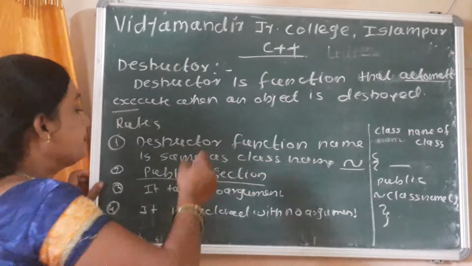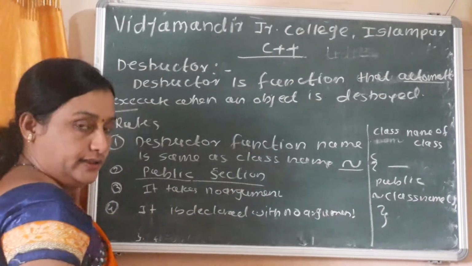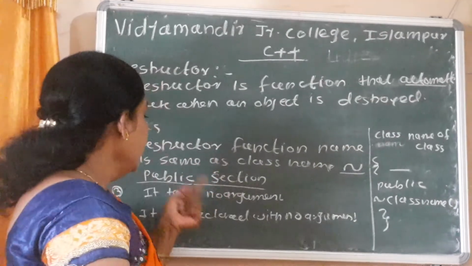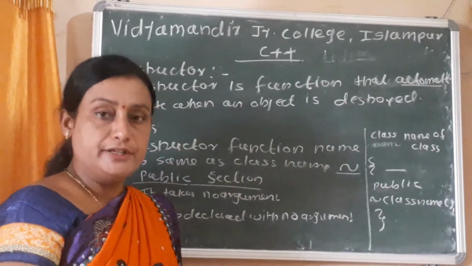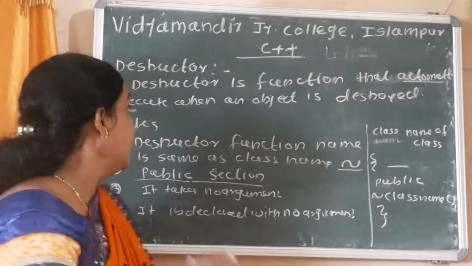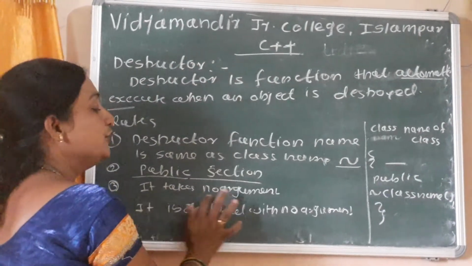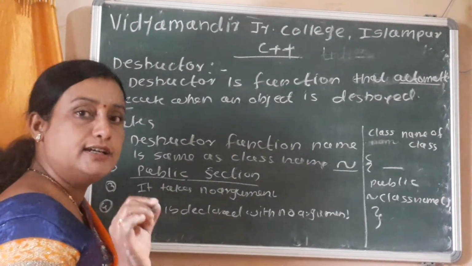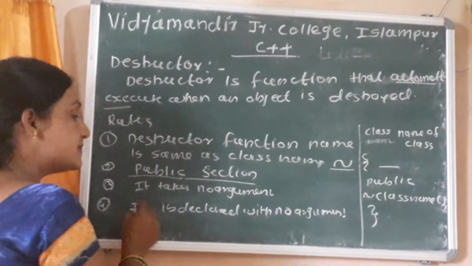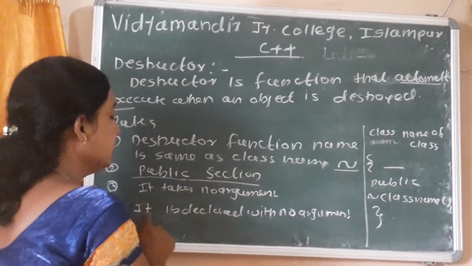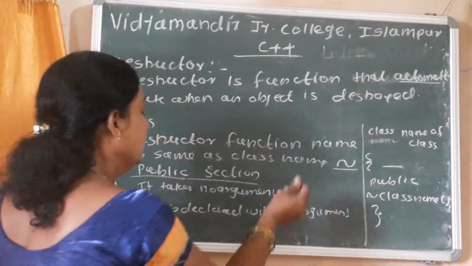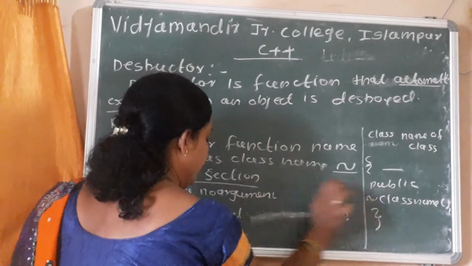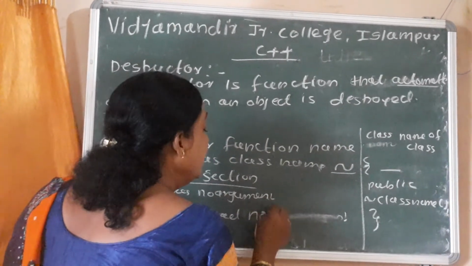Next rule is that it takes no argument. We discussed the parameterized constructor function, where we give the argument list, but in a destructor function there is no argument at the declaration. And the last important rule is that the destructor is declared with no return data type.